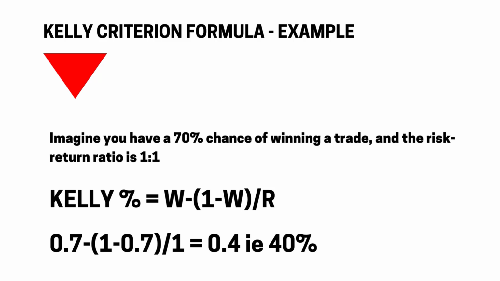You can see the 70% chance is just converted to the decimal 0.7. After putting in the 1 for the risk reward part of the trade in the R, it comes out as 0.4, i.e. 40%. So that's basically telling you, if you had $10,000 in your account, you would risk 40% of that on your trade.